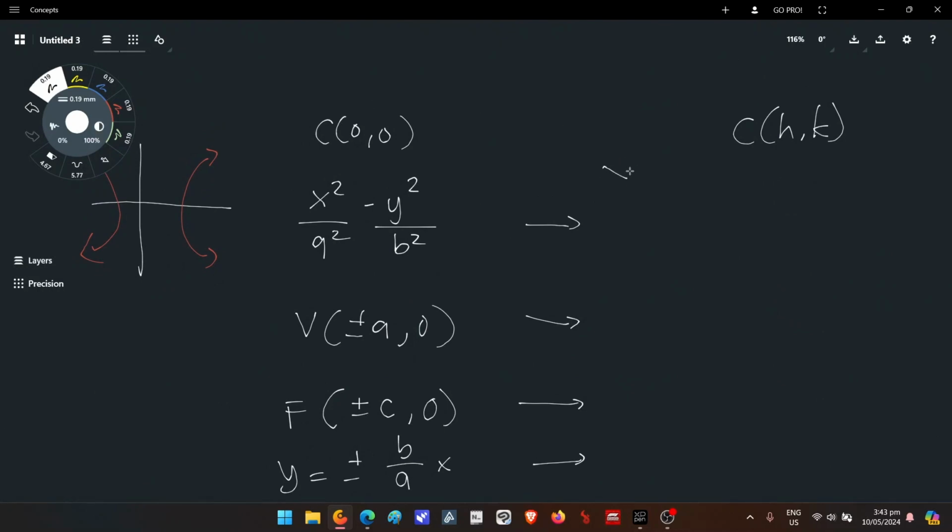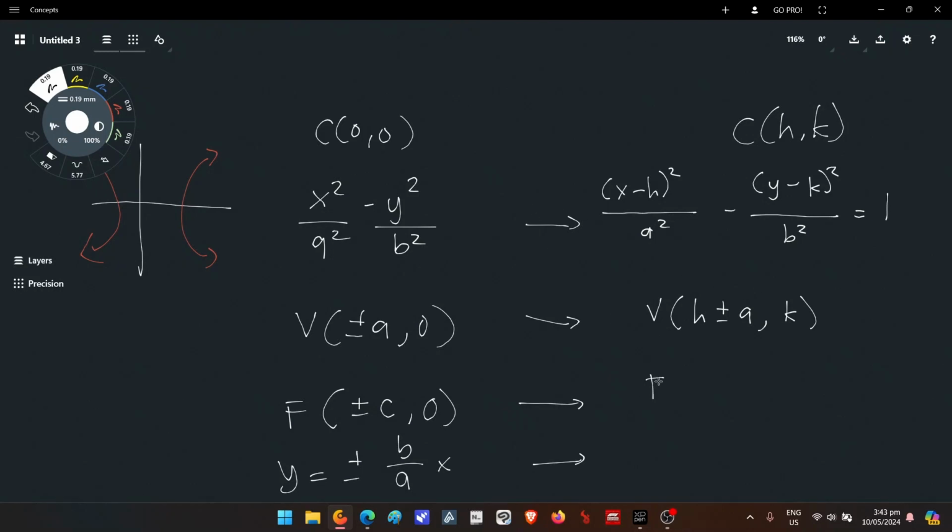So x minus h squared, because it's squared, over a squared minus y minus k squared over b squared equals 1. That is our formula if the center is not at 0, comma 0. So your vertex is just the same. Just add h to this, and this is supposed to be k. So h positive negative a, comma k.